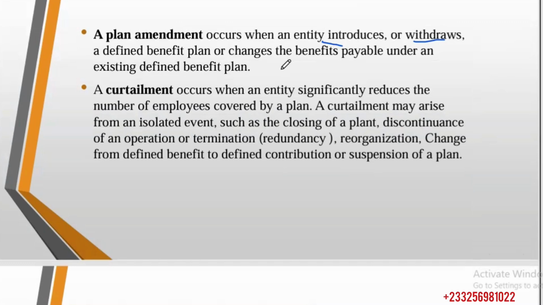So amendment happens when the entity introduces, withdraws, or changes the benefit that is paid or payable under an existing plan. So the plan is already there, but the benefit has been changed, either increased or decreased.